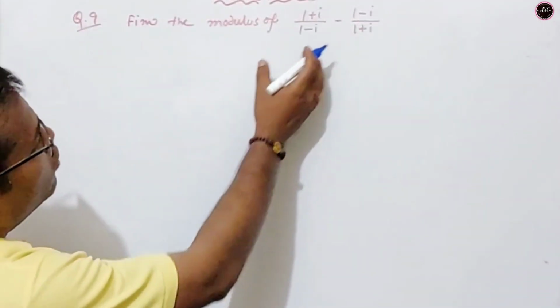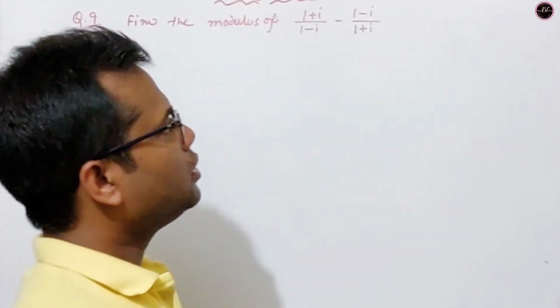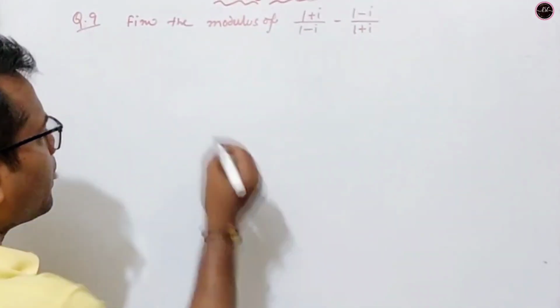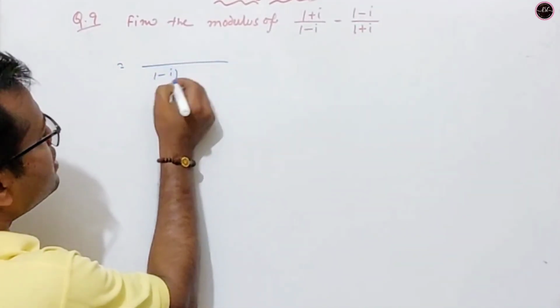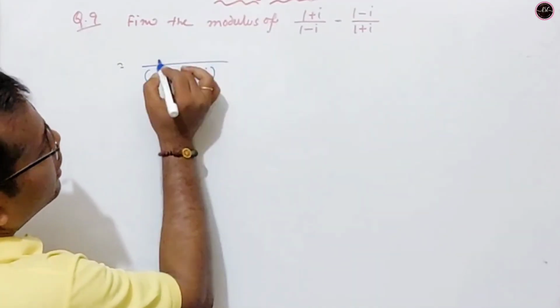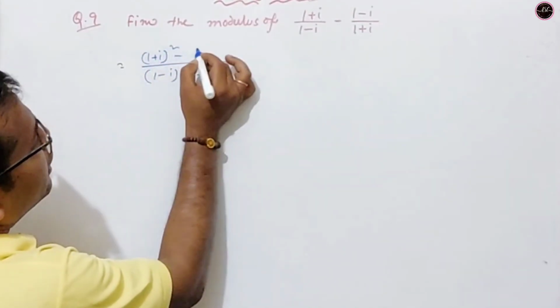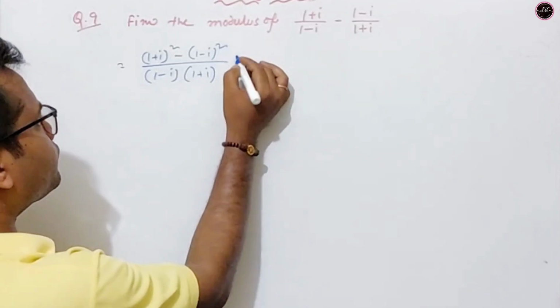Then look at this question. Find the modulus of 1 plus i divided by 1 minus i minus 1 minus i divided by 1 plus i. Just simplify this, we get 1 plus i whole square minus 1 minus i whole square, over 1 minus i into 1 plus i.